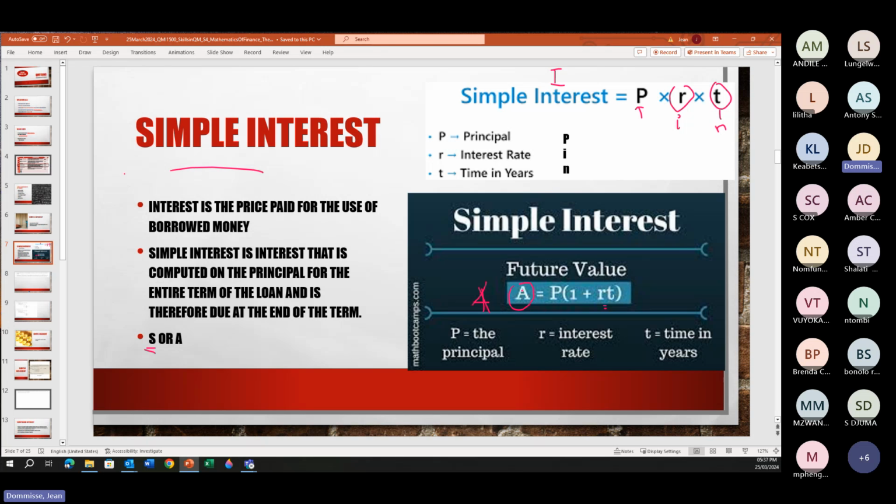It might be that you need to work out the future value, and then they give you the three other variables. With simple interest, compound interest and annuities, they always give you three data points and you work out the fourth.